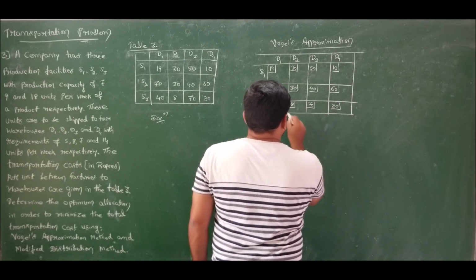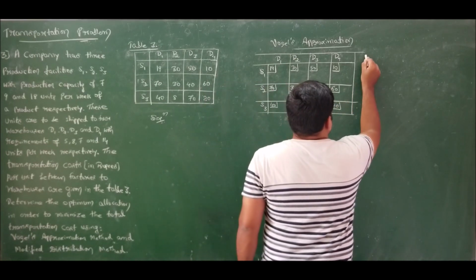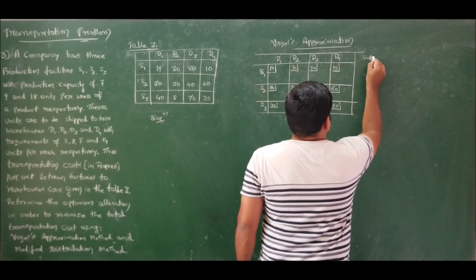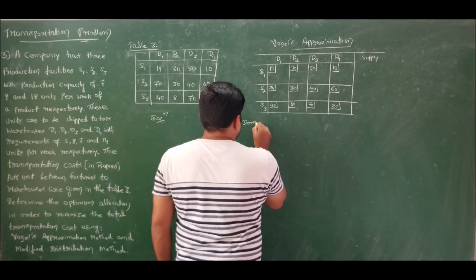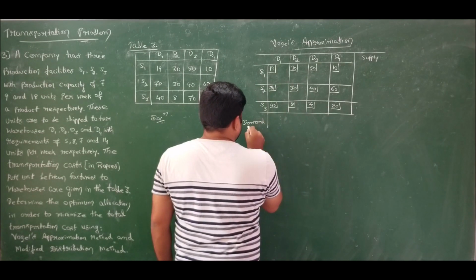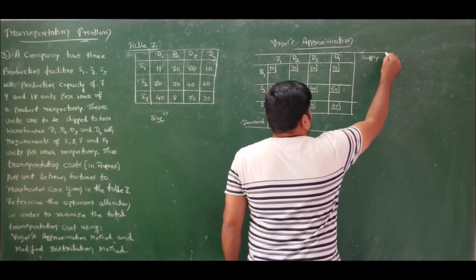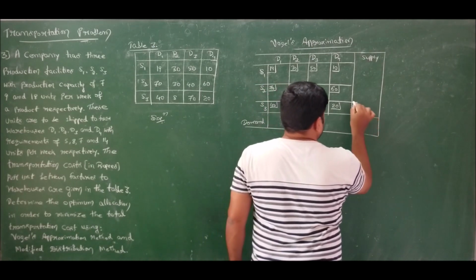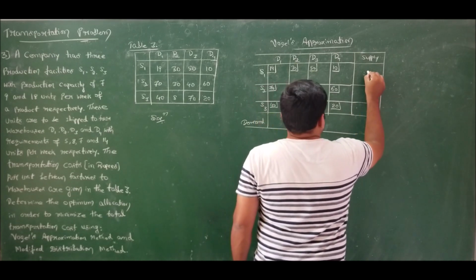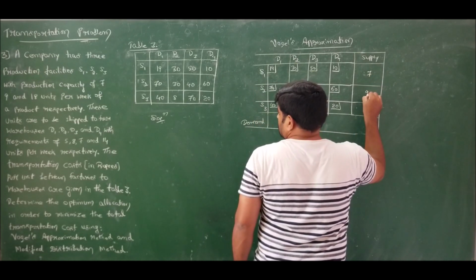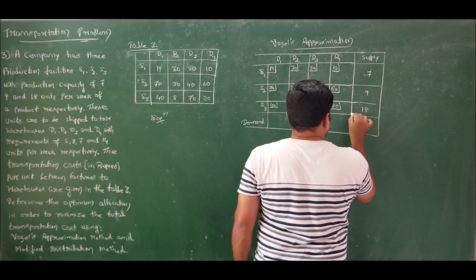Now as usual I should write down the supply, that is requirement, and demand. So supply units are 7, 9 and 18.